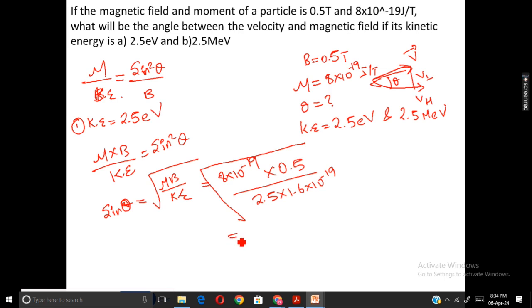It will give an answer of 1. So theta will be sine inverse of 1, which is 90 degrees. This is the value of theta in the first case.